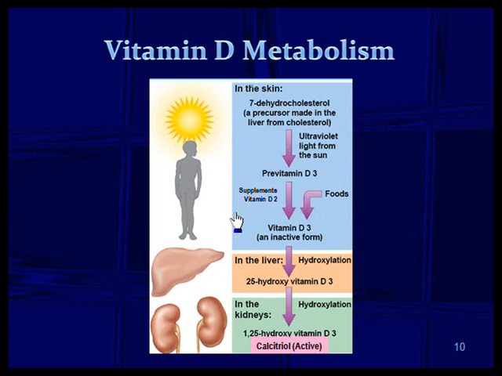The supplements that we take in the form of medications are usually vitamin D2. This vitamin D2 is again converted in the liver into the inactive form of vitamin D3, just as 7-dehydrocholesterol is converted into vitamin D3.